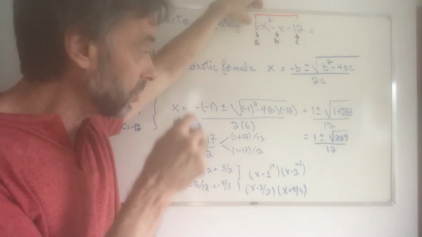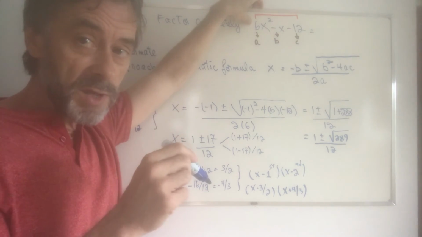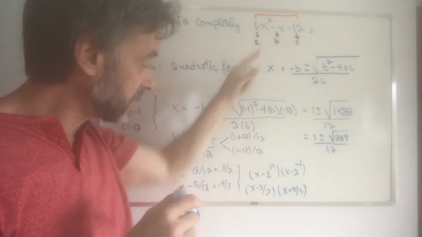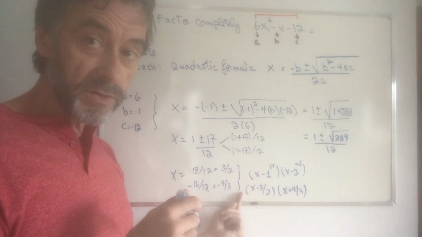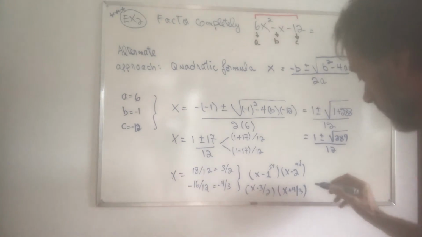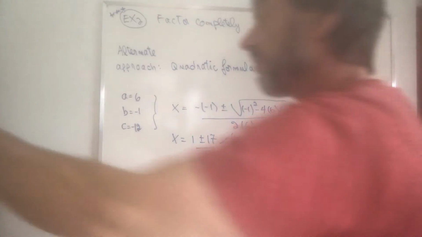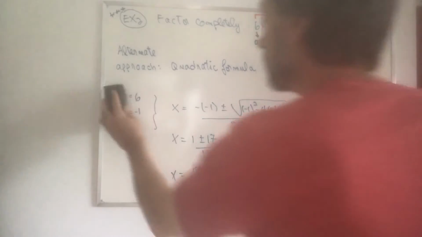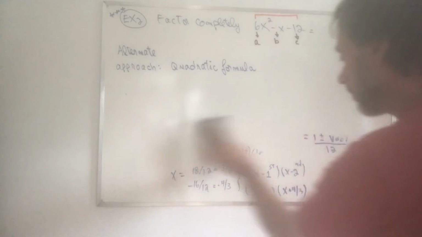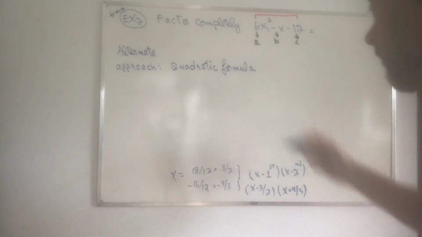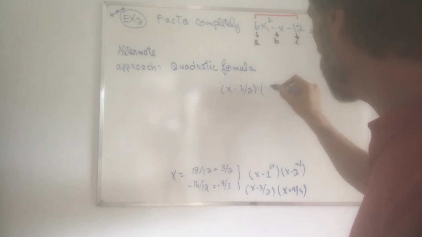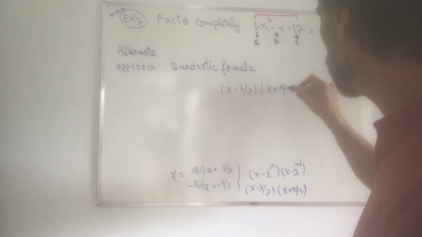So whenever we do the quadratic formula on this, here's what you have to keep in mind. Whatever the coefficient in the original polynomial is has to come in front of that. So this is not the final answer, this is an intermediate answer. So the final answer will be x minus 3/2 times x plus 4/3.